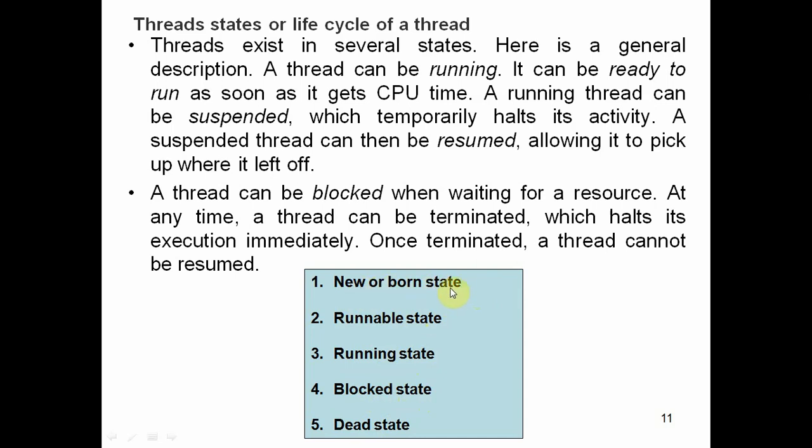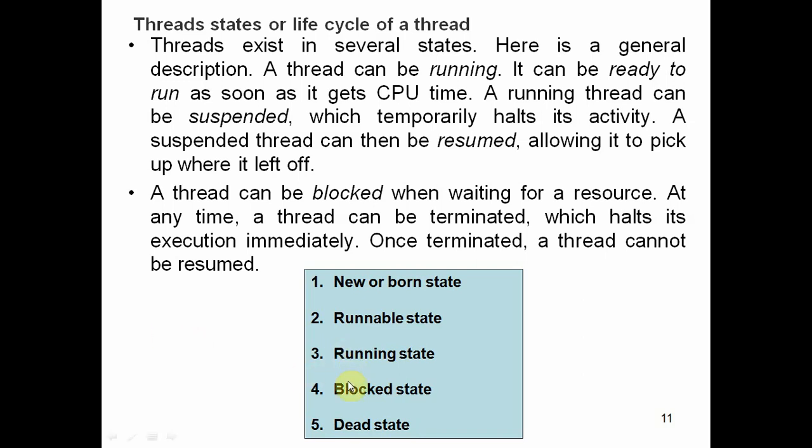Then the new or born state thread enters the ready or runnable state by the execution of the start method. Whenever the CPU is available, the ready state thread enters the running state. The running state thread may enter the blocked state whenever we execute the wait method or sleep method, or the running thread requires some input from an input device.